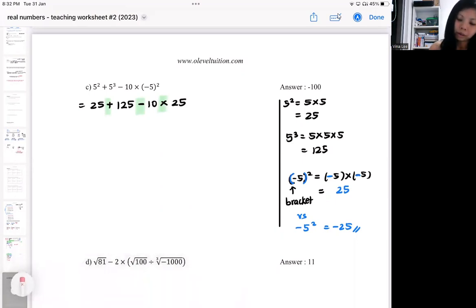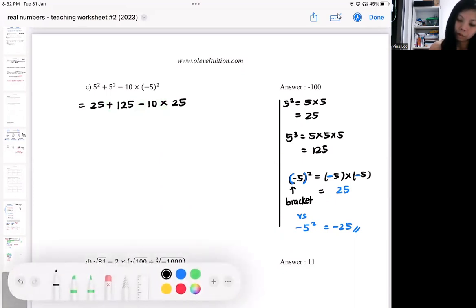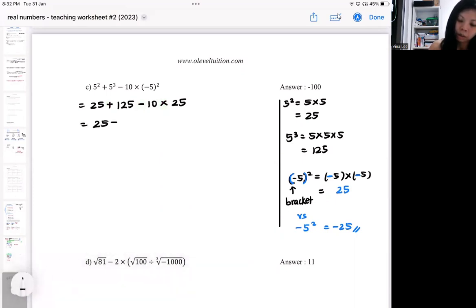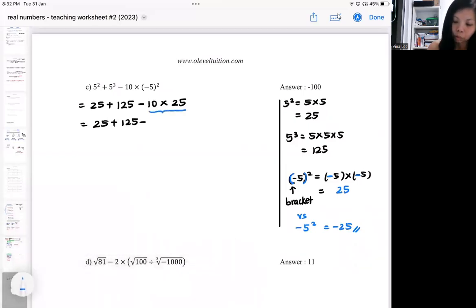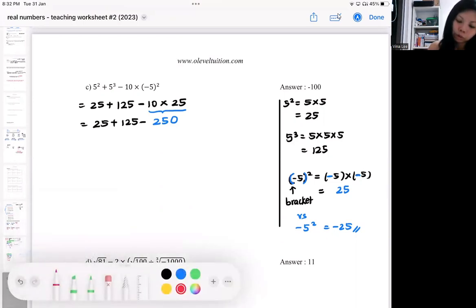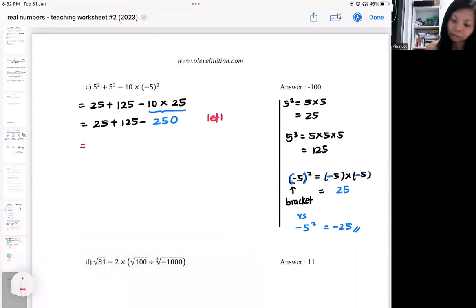So who should you attend to first? You will attend to the multiply. While you are doing the multiply, the rest of the numbers are waiting for you. So let them wait. You got to be writing them. That is under presentation. Some people, their presentation, they will not write the 25 plus 125. Subsequently, I will do from left to right again.